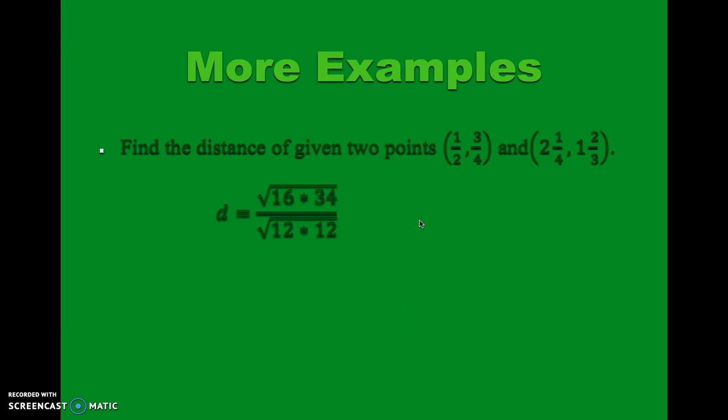So in our case, we expand this further to have the square root of 16 times the square root of 34 over the square root of 12 squared, which simplifies to 4 square root of 34 over 12. 4 over 12 could be simplified to 1/3, which gives 1 square root of 34 over 3, which finally is the square root of 34 over 3.